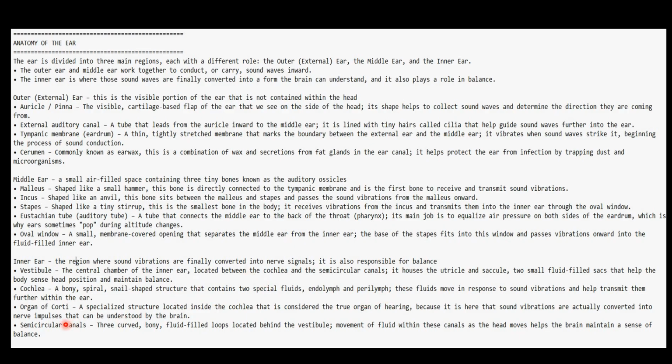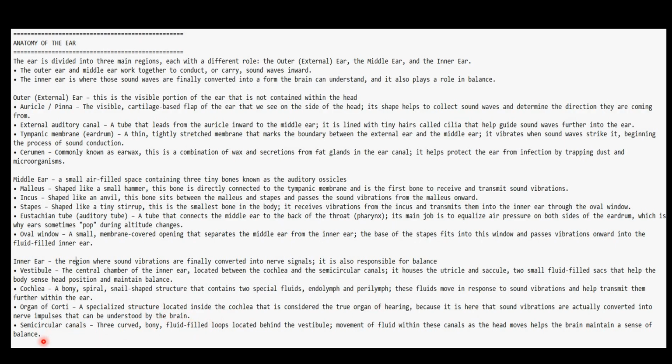Okay, and then comes the main part, that is the organ of Corti, a specialized structure located inside the cochlea that is considered the true organ of hearing, because it is the place where the sound wave vibrations are actually converted into nerve impulses that can be understood by the brain.